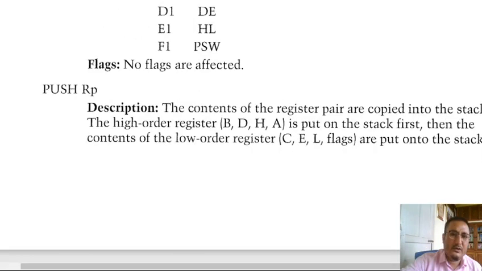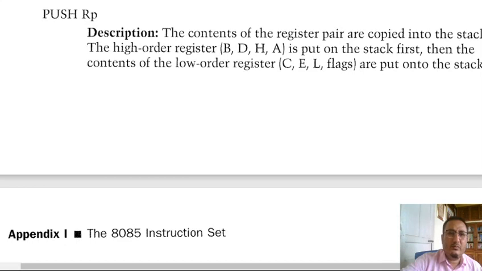Now, in contrast to POP, we have the PUSH instruction. The content of the register pair is copied onto the stack. The higher order registers B, D, H, and A are pushed onto the stack first, then the stack pointer is decremented, and the content of the lower order register is pushed onto the stack.